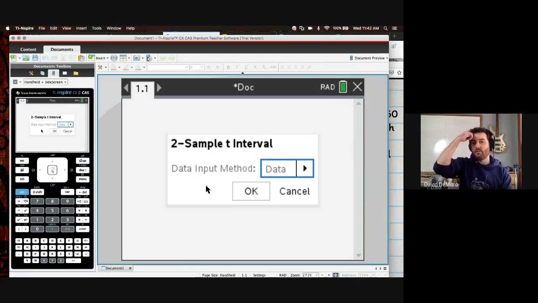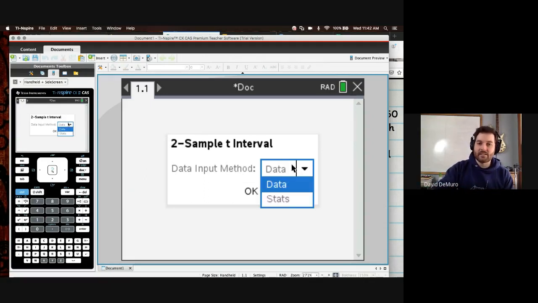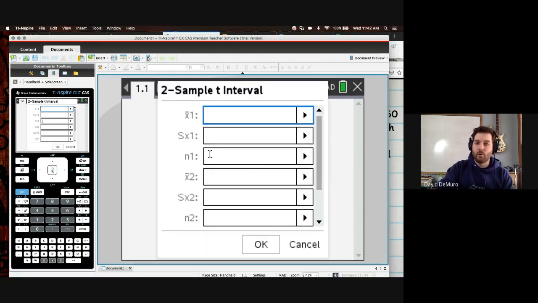First thing it's going to ask you is, what's your data input method? We would choose data if we had 2 lists of all of the individual rents for those 50 apartments from each city, but we don't have that. We have the stats because it told us the summary statistics. So we're going to choose stats and hit OK. X bar 1, the rent in New York City was 2,900.